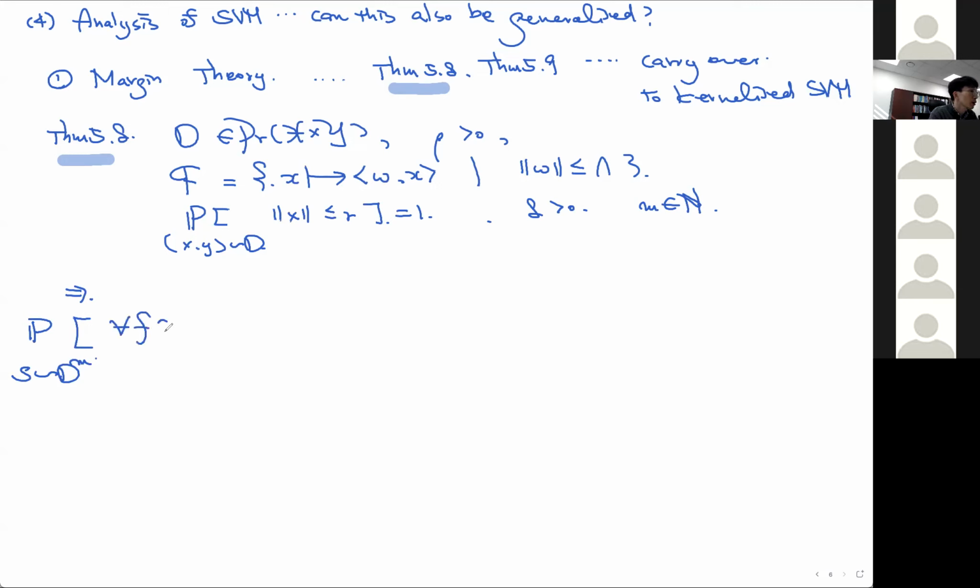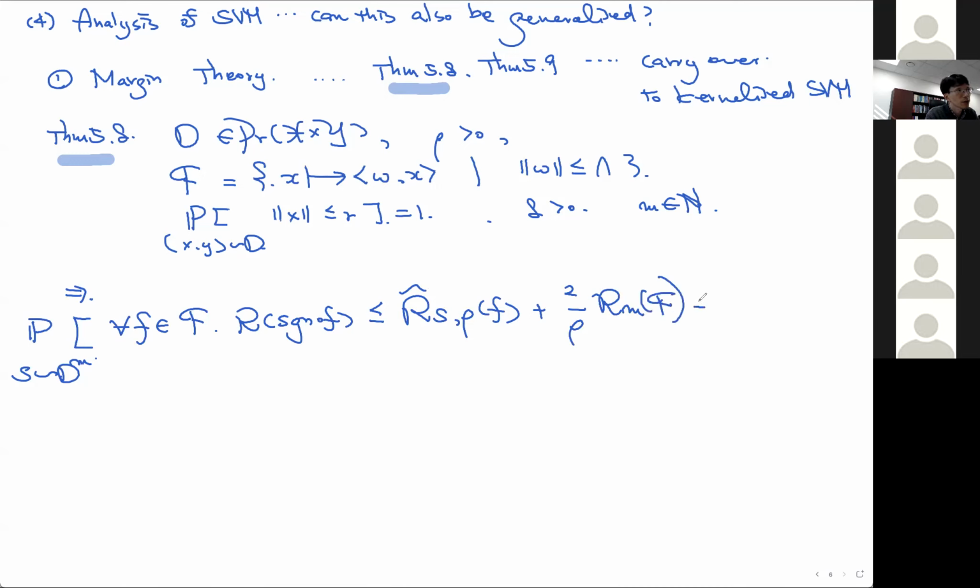For every f in F, the risk of the hypothesis obtained by composing with the sign is bounded above by the empirical margin risk of f plus 2 rho over the Rademacher complexity over the hypothesis set, plus a term with 2m and rho over delta.